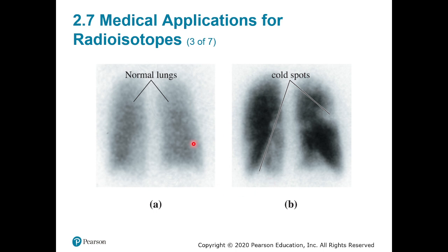And so right here we actually have this. This is the normal lungs right here. So these are actually cold spots, right? And we're looking at lungs which have empty spaces in them, right? Okay?